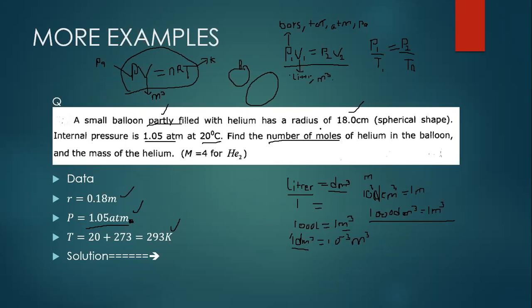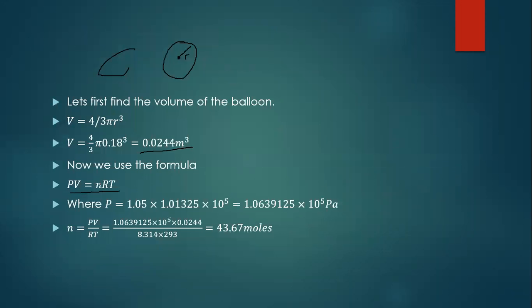To find the number of moles, we need to use this formula. Why? Because it has this value n. This n stands for number of moles. It is the mass that we have over the molecular mass. That's where the n comes from.